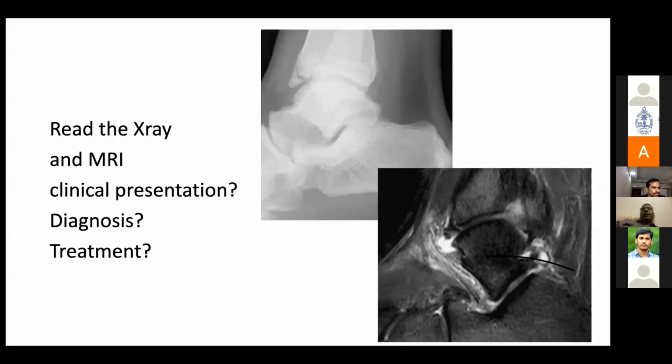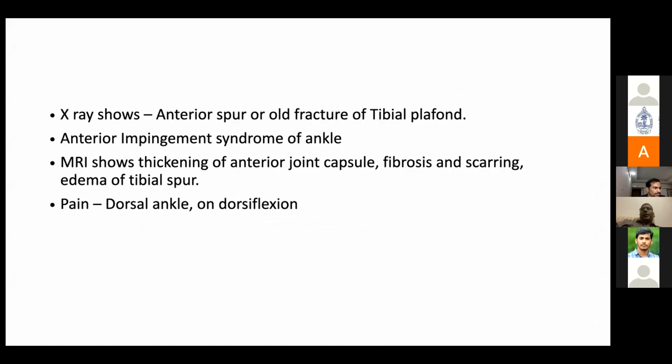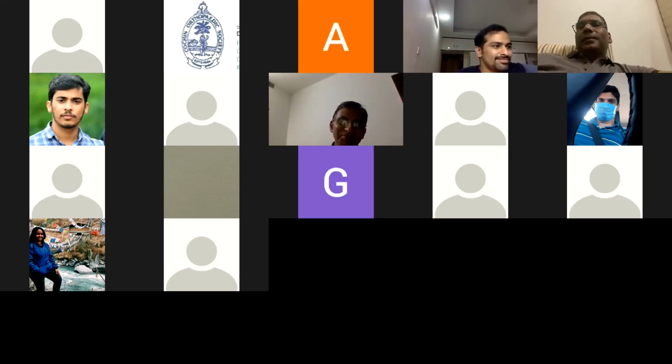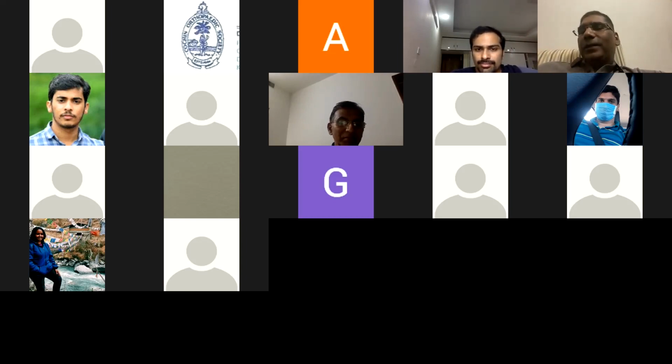Okay, with this we will wind up the session. Any questions? You should all know the classification of ankle fractures, the classification of talar fractures and the complications of talus. The ankle joint is concerned with the lower fibula, tibia, and the talus.